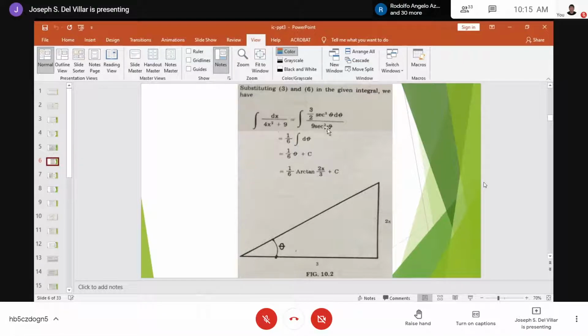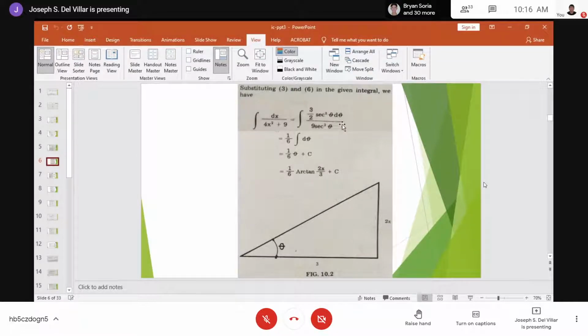And then what remains is what? 3 halves d theta over 9. Okay? 3 halves d theta kasi nawala na nga yung secant squared, na-cancel, so natira na lang d theta.